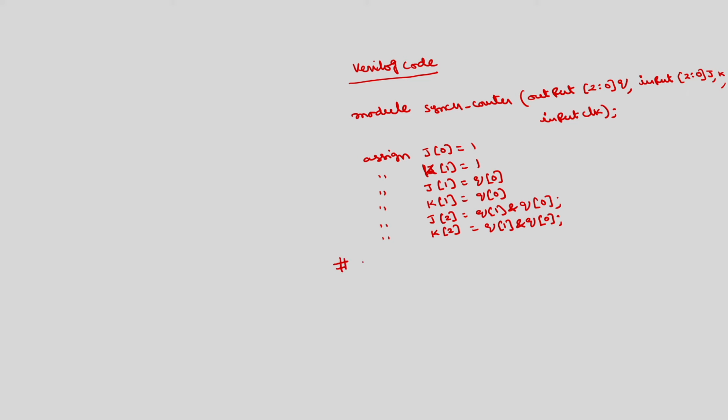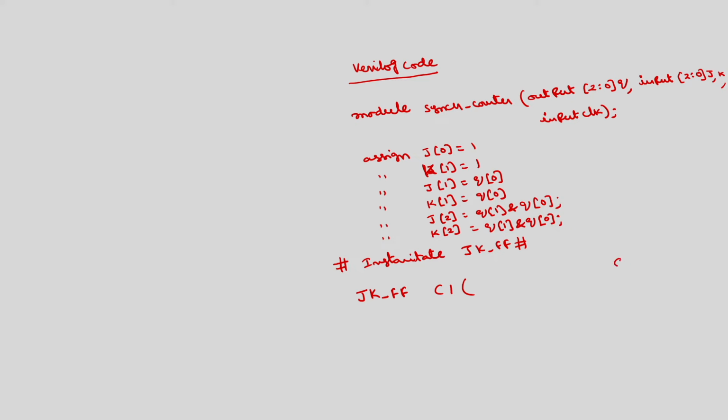Then you have to instantiate. The module name I have given is JK flip flop, and I will give instance names C0, C1.